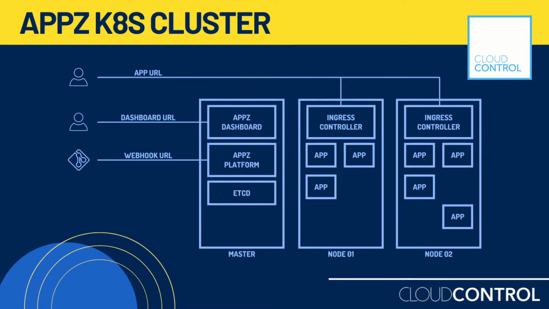We also have a CloudWatch group, a couple of DNS entries for the AppZ dashboard and the registry. And it will be creating an ELB with 2 target groups, one for the master node, as you can see here, and another for the worker node, which manages the ingress controller. So all these will get created while this cluster is getting built. If you do this manually, it will take you hours to put this together.